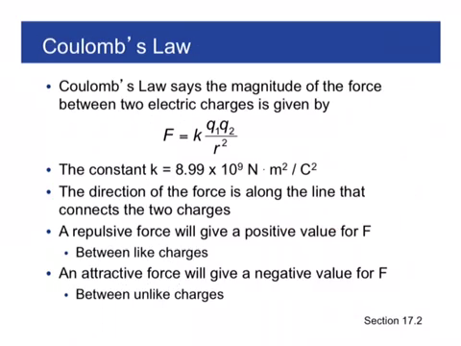So Coulomb's law is given by this formula. Force is equal to k times q1 q2 over r squared. And what I didn't tell you yet is how the constant k is defined. What is the value for the constant k?